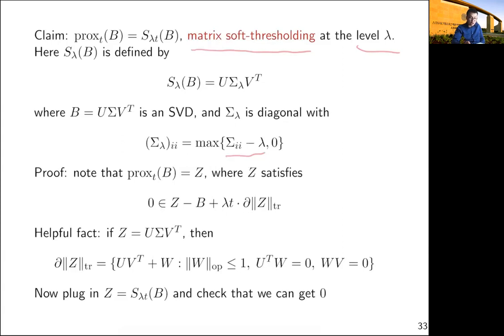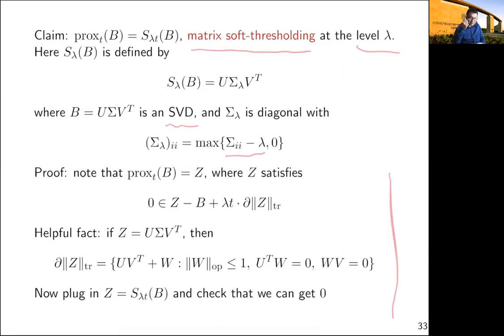With that shrinkage operator, this is relatively easy to implement. You can simply solve this by running a singular value decomposition, then shrinking its singular values, and then reconstructing the matrix by multiplying everything back. I'll leave this proof to you for your own reading.